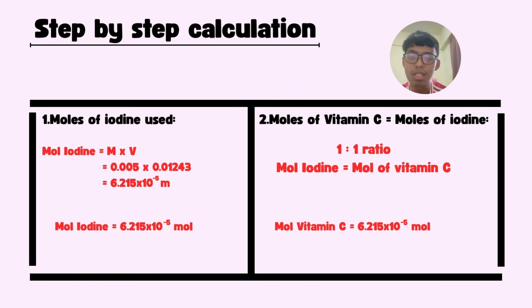First, we need to identify the moles of iodine used. We multiply the molarity of iodine by the average volume of iodine used in this experiment, and we get 6.215 times 10 to the power of negative 5 mole of iodine. Second, we need to identify the moles of vitamin C, and since the ratio between vitamin C and iodine is 1 to 1, we get the same number of moles, which is 6.215 times 10 to the power of negative 5 mole.